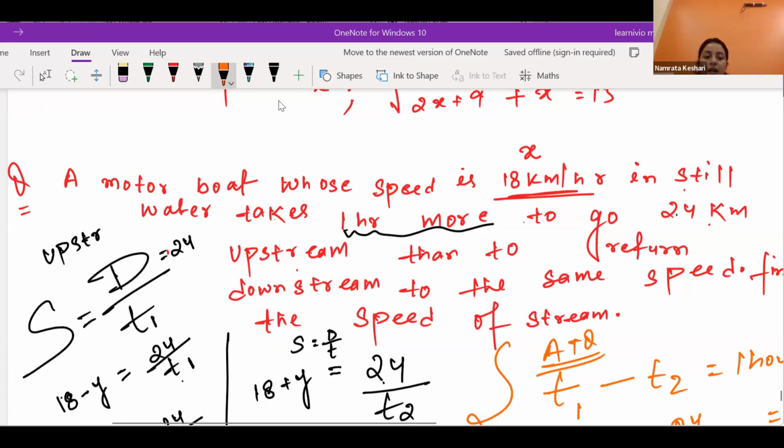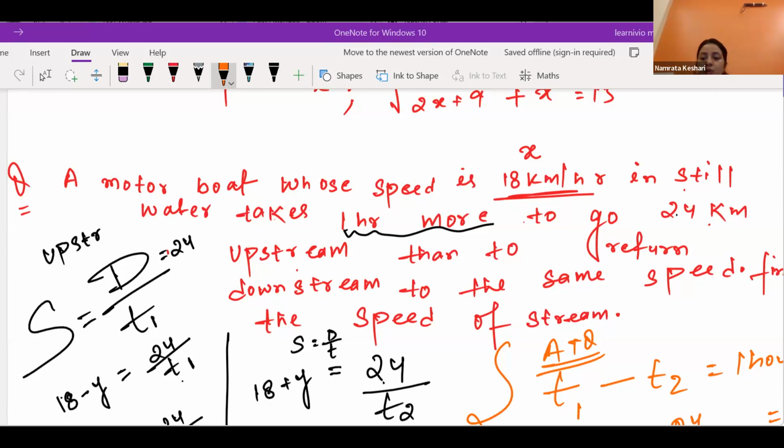Ayan, any confusion? No, ma'am. Ifra, any confusion? Sumaya, any confusion? Sumaya is not there. Alvina is there. Alvina, any confusion? Yes, Alvina, are you there? Okay, so everyone got it.